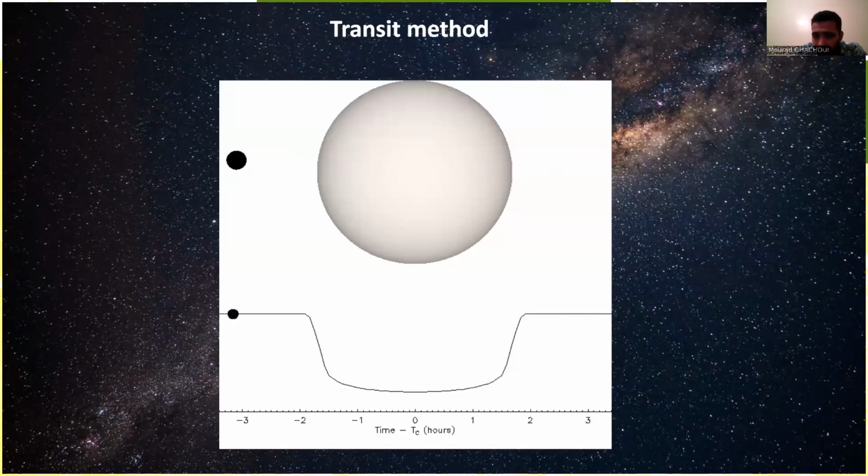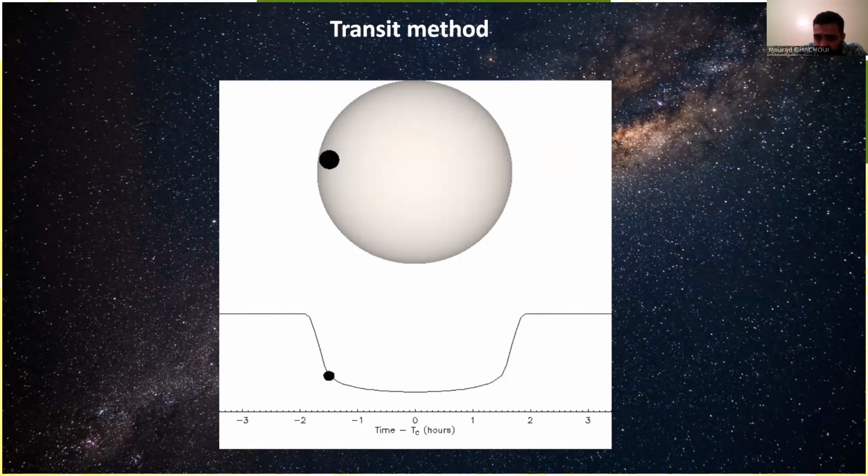That is, when a planet transits in front of its star, its disk occults or blocks a quantity of light coming from the star. So when measuring the quantity of light coming from the star, we will obtain a momentary drop in the luminosity of the star.